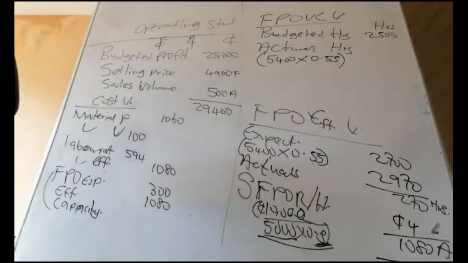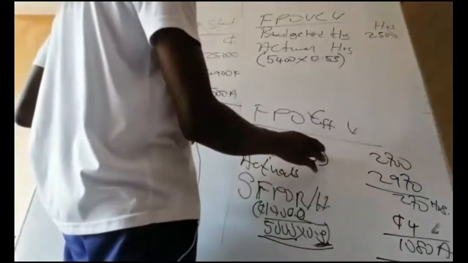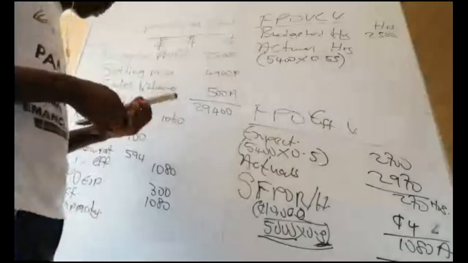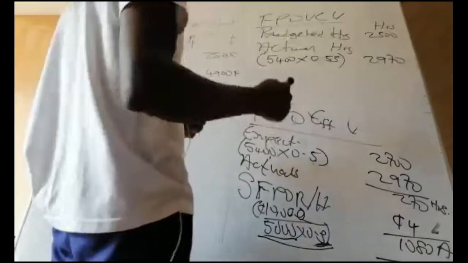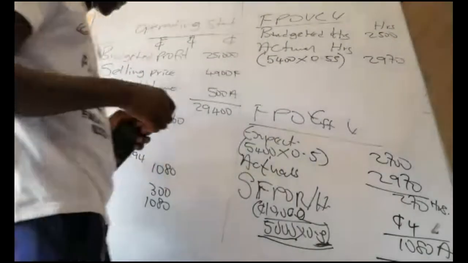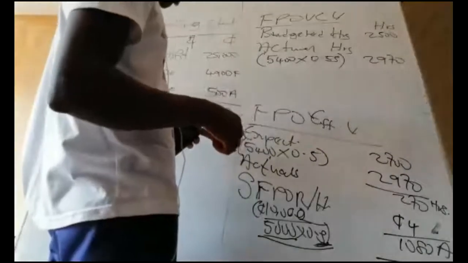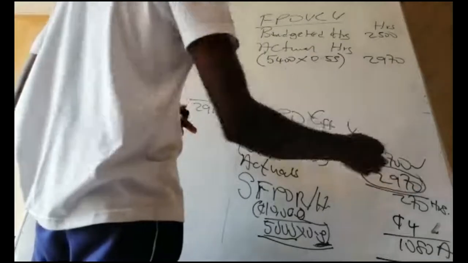Please, what do you get for the actual? 2970. Wow, I have spotted some error here. Okay, this is the expected. This is the actual. Oh, okay, then it's okay.